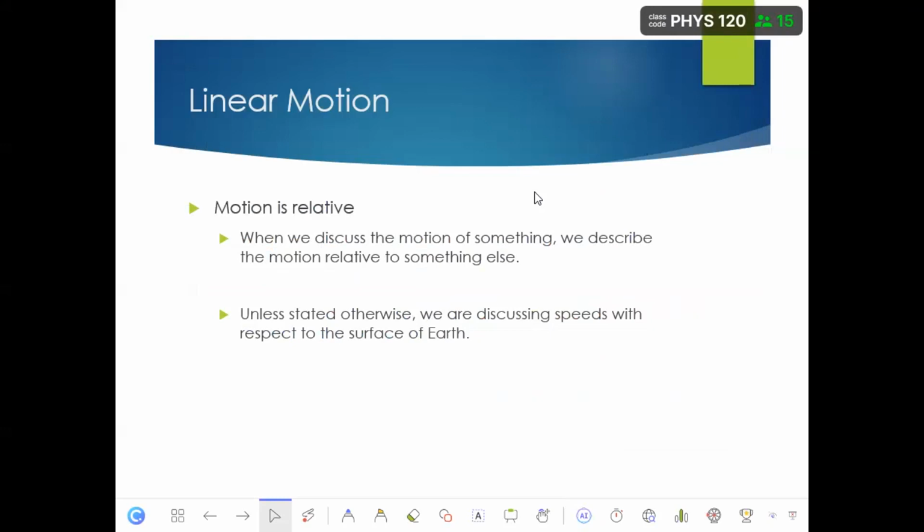Okay. So linear motion. In this physics, we will be talking about the motion of any particle in one dimension, and we will try to analyze the kinematics of a linear motion.